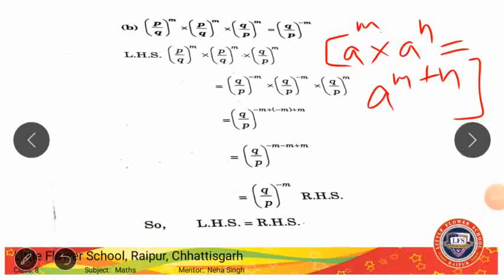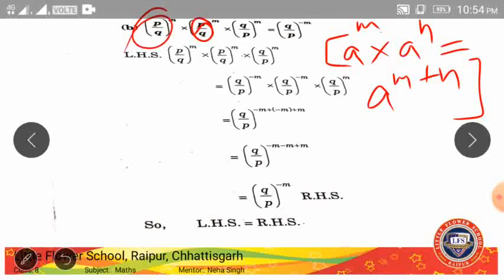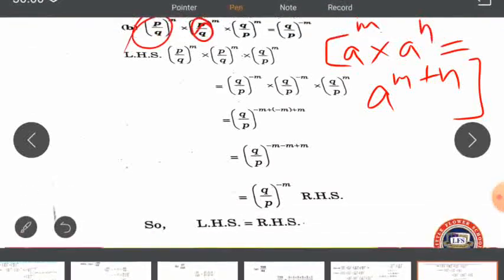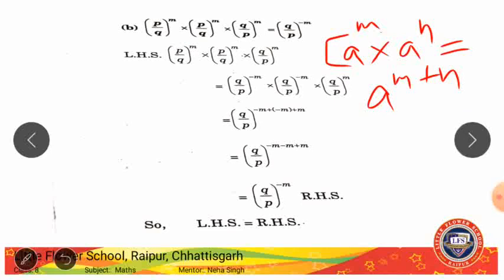Now since we need to find the RHS, that is q by p, we'll change this p by q into q by p. Which formula or identity are we going to use? We will be using a^m equals 1 upon a^-m.